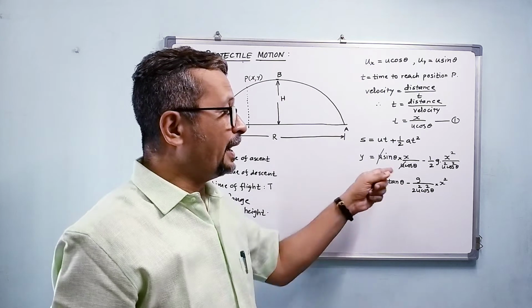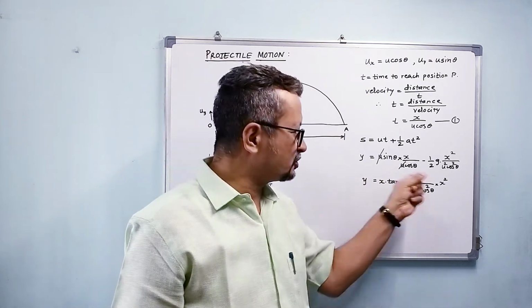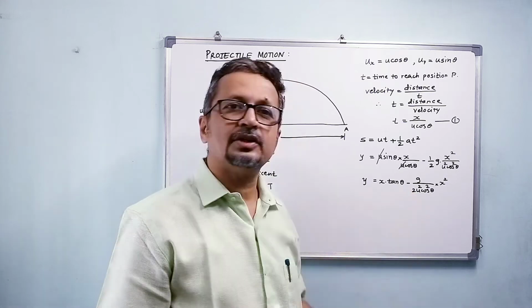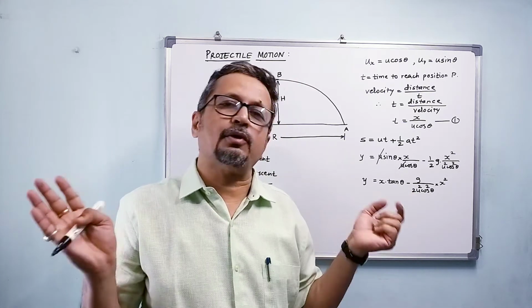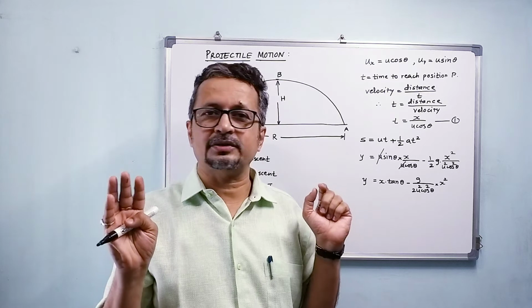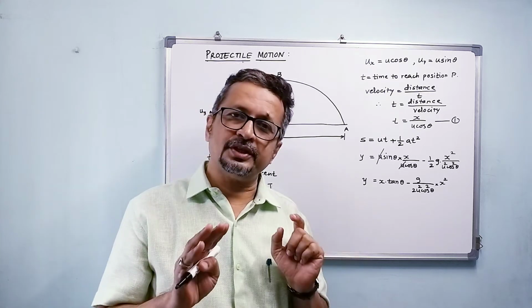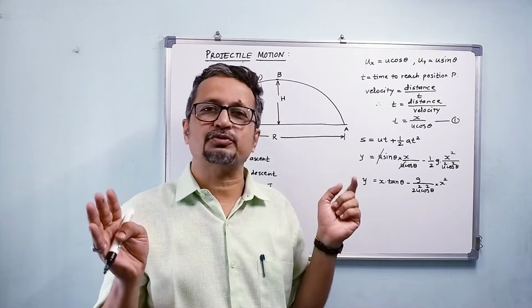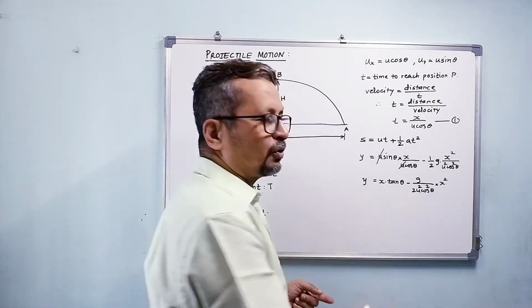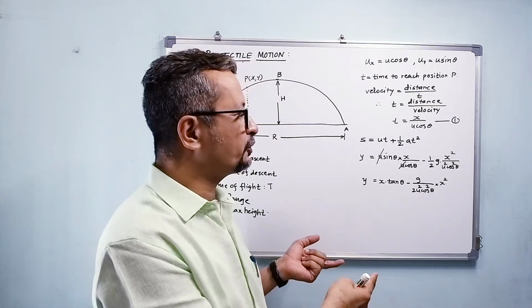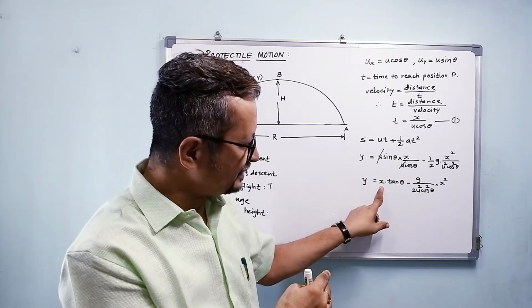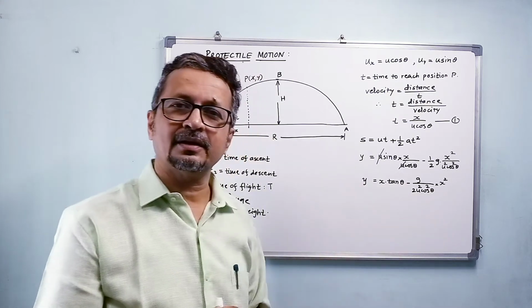Acceleration due to gravity is constant at a given place. My initial velocity, I have kicked the ball and given it some velocity, and it is not going to change. So u square is constant, theta is constant, cos square theta is also constant. So what is the variable here? Only x here and x square there.